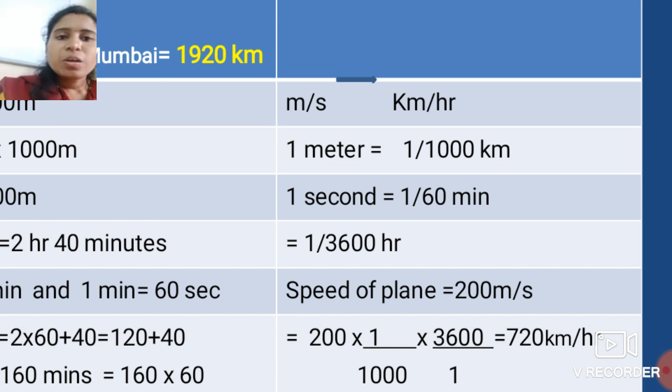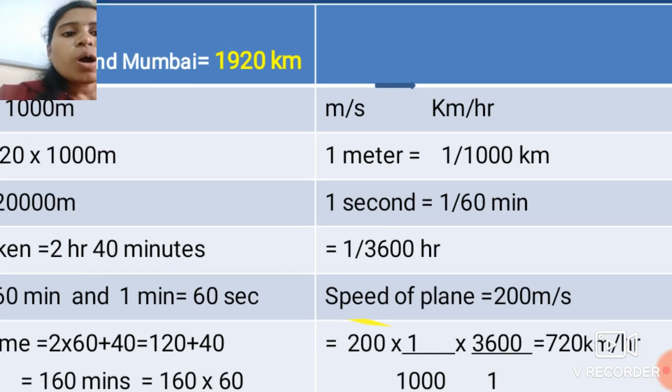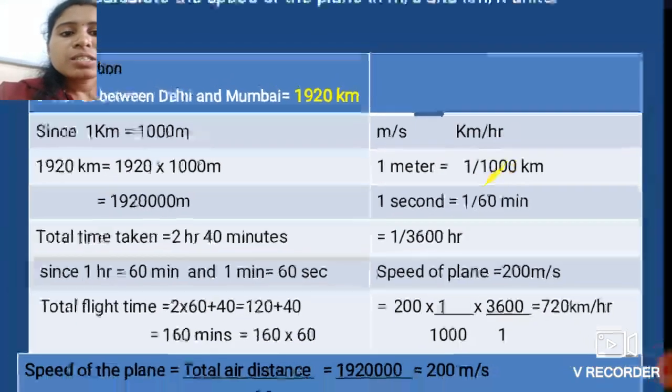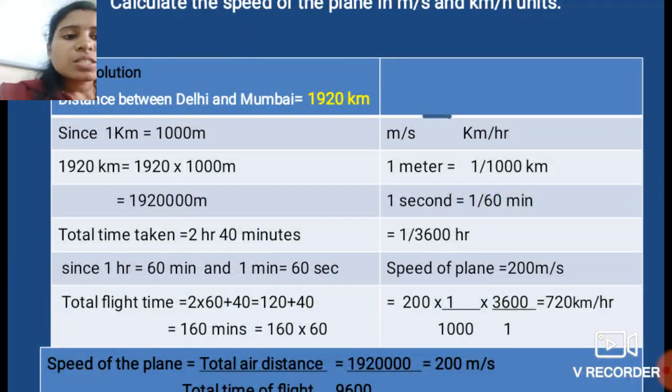So from that, 1 hour means 1 upon 3600 hours.